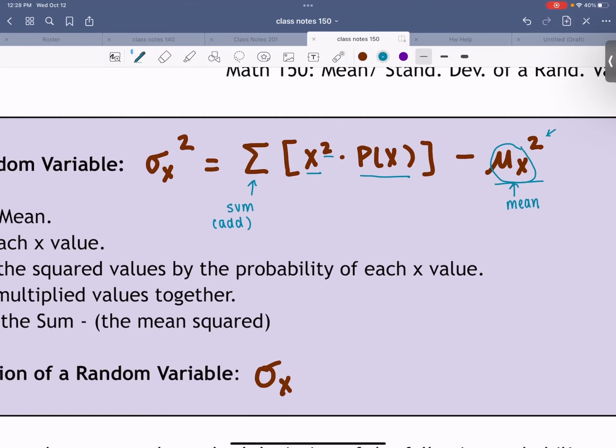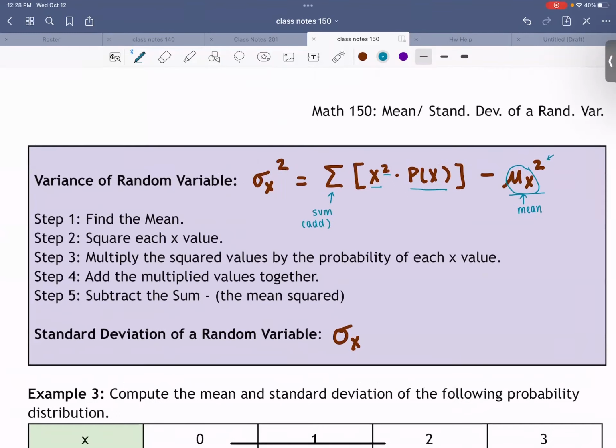Okay. So if you don't want the formula, which you don't have to memorize, but it is useful if you don't want to memorize the steps, first you're going to find the mean, right? The mean is in the formula. You have to know what the mean is to find the standard deviation. Step 2, you're going to square all your x values because there's an x squared in here. Step 3, you're going to multiply your squared values by the probability of each of the x values.